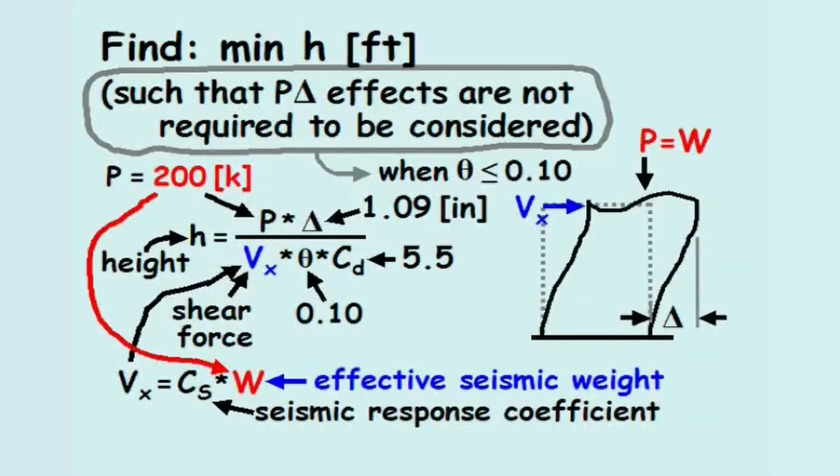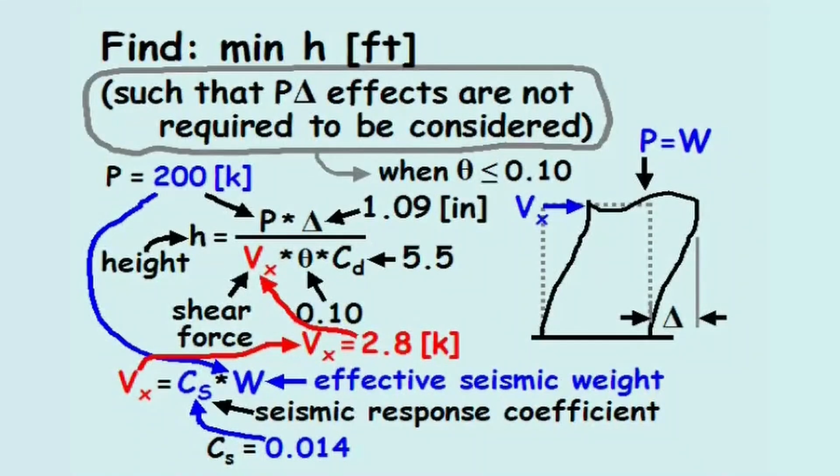And the problem statement provides the seismic response coefficient as 0.014. This makes the shear force equal to 2.8 kips.